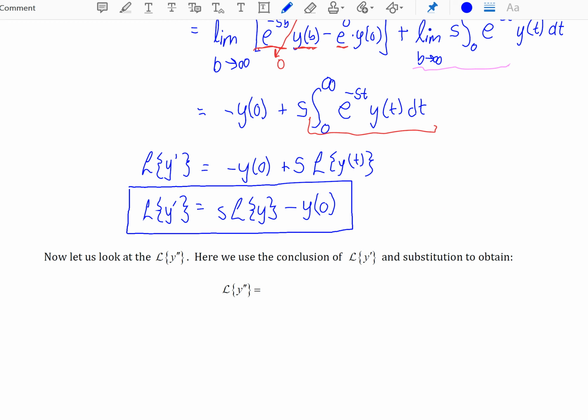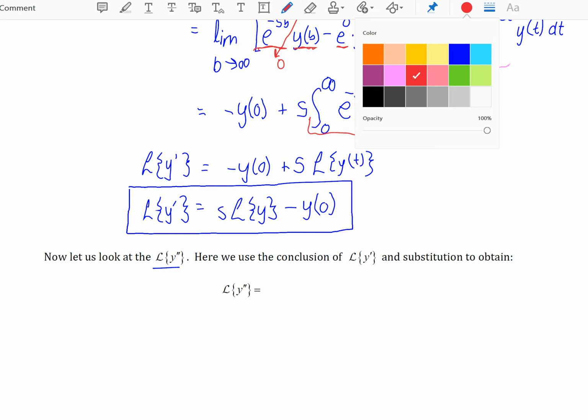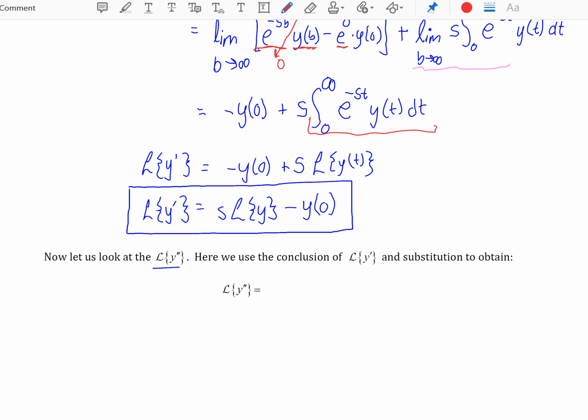Now let's look at the Laplace of y double prime. Here we use the conclusion of the Laplace of y prime and substitution to obtain the following. Now when you look at our previous attempt, what this says is the Laplace of the derivative of some function is s times the Laplace of the function minus the function evaluated at 0.